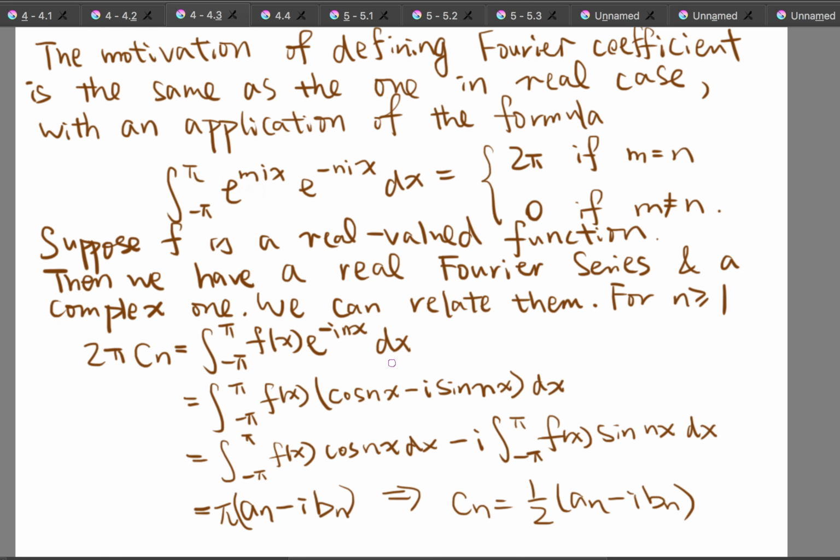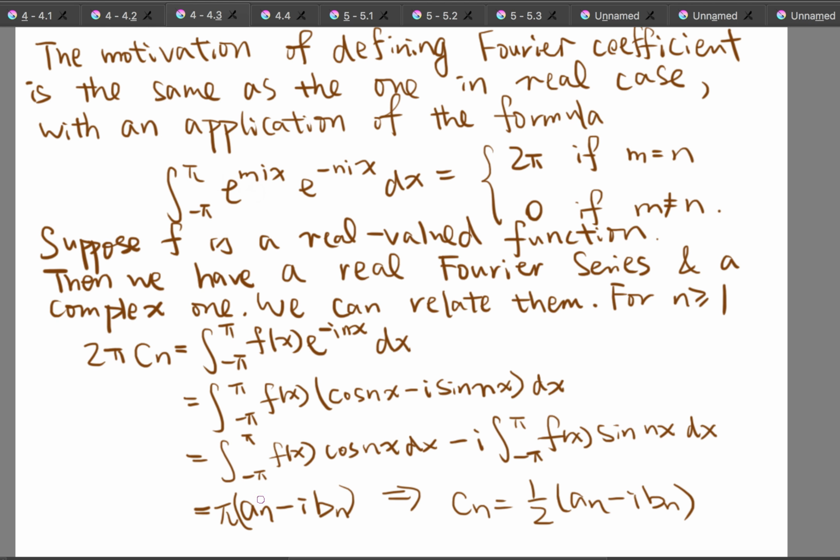From Euler's formula, we see that cosine nx minus i sine nx is equal to e^(-inx). The next step is to apply the definition of the complex integration, and we divide it into the integral of the real part and the integral of the imaginary part.